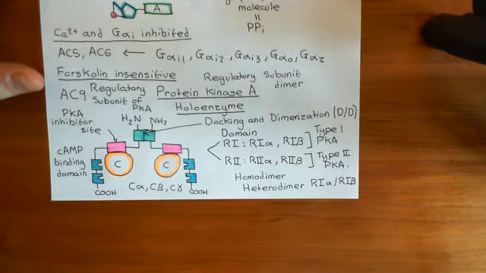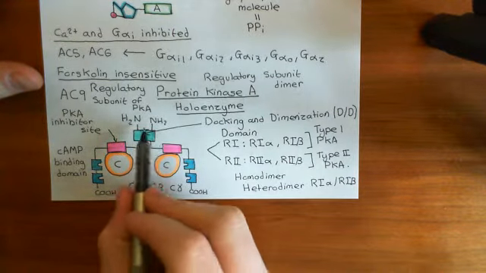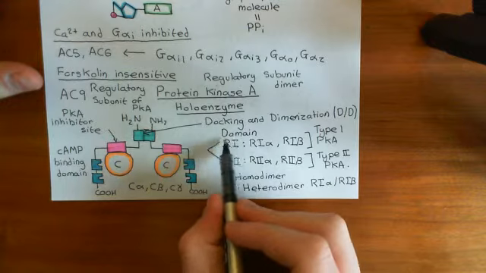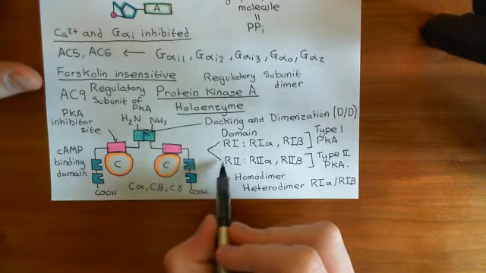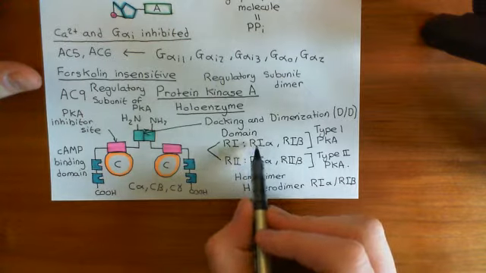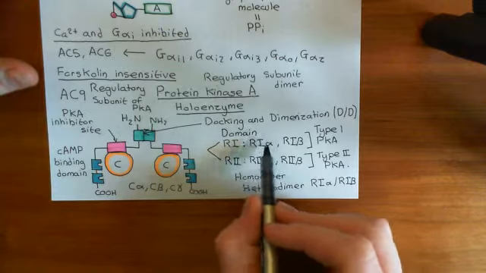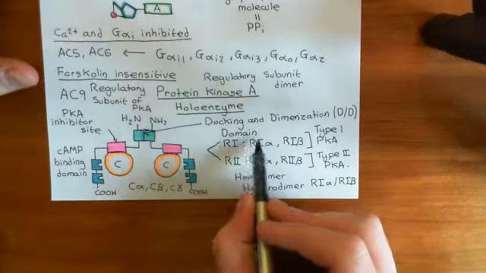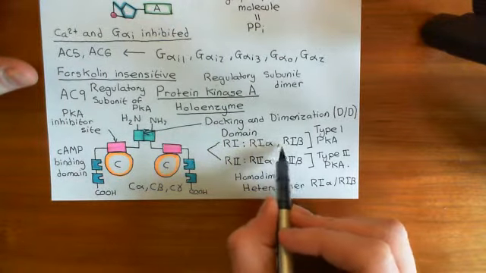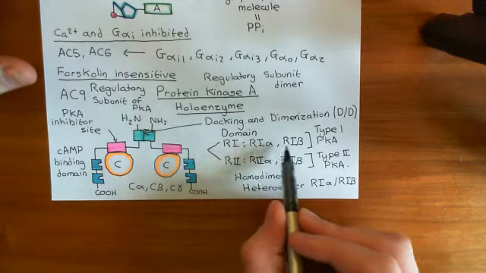If you want to build a protein kinase A holoenzyme then, you have to firstly build your regulatory subunit dimer. You firstly decide, do you want to go down the type 1 route or the type 2 route? If you go down the type 1 route, there are many options available for your regulatory subunit dimer. You can either make a homodimer, either of type 1 regulatory subunit alphas or of type 1 regulatory subunit betas, or you can make a heterodimer which contains one of each.